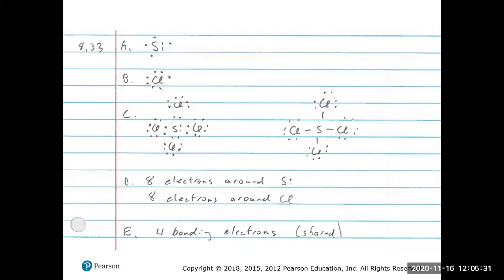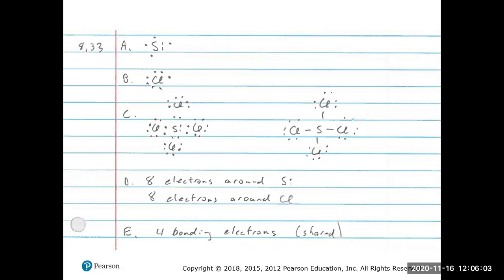So we would start by saying, how do we represent silicon? Well, we would look up on our periodic table to see what column it is, what group it is, and we see that silicon's in the 4A group. So we would have the symbol for the element silicon, and then we'd put 4 dots around it to represent those 4 valence electrons.